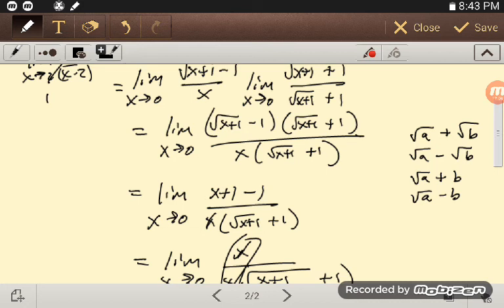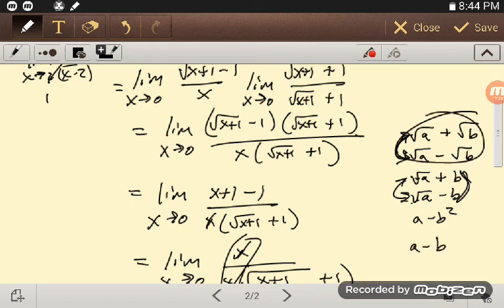So here, if I have the top one, I'll multiply by that, and down here, if I have the top one, I'll multiply by this next one, and if I have the bottom one, I'll multiply by the top one. And the nice part is when you multiply these two things together, you get a minus b squared. Multiply those two things together, and you get a minus b.